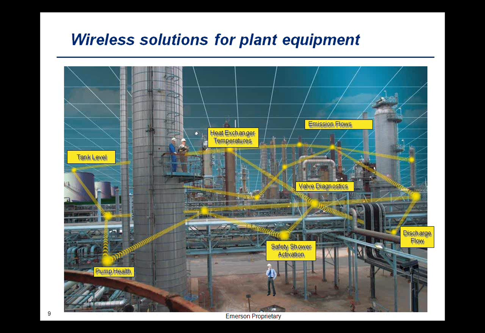Performance of heat exchangers, emissions control, valve diagnostics, even things like safety showers. In Australia, there are many showers on almost every single production site today. However, most of those showers have no monitoring at all. And we'll talk a little bit about that as one of the specific applications as we go forward.